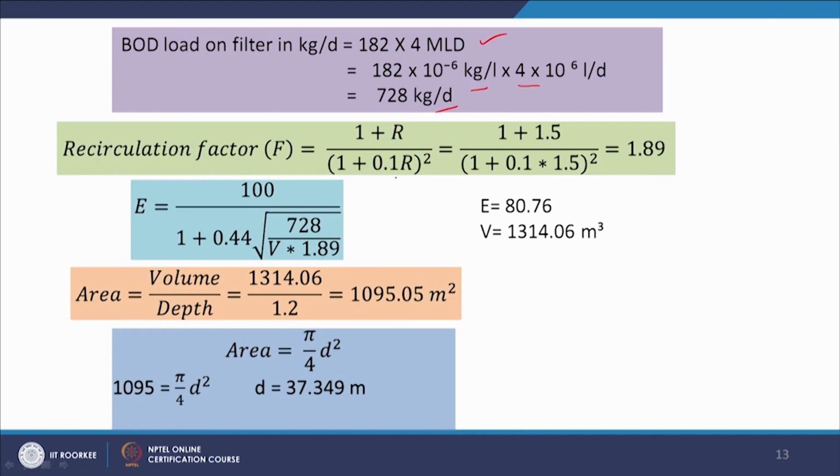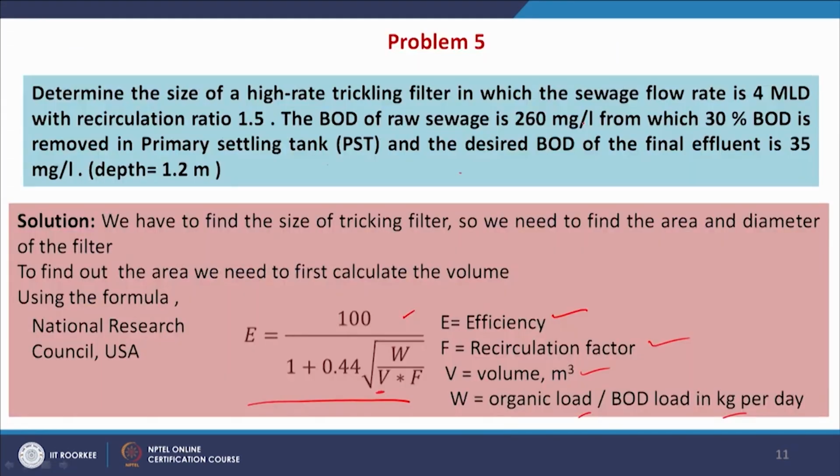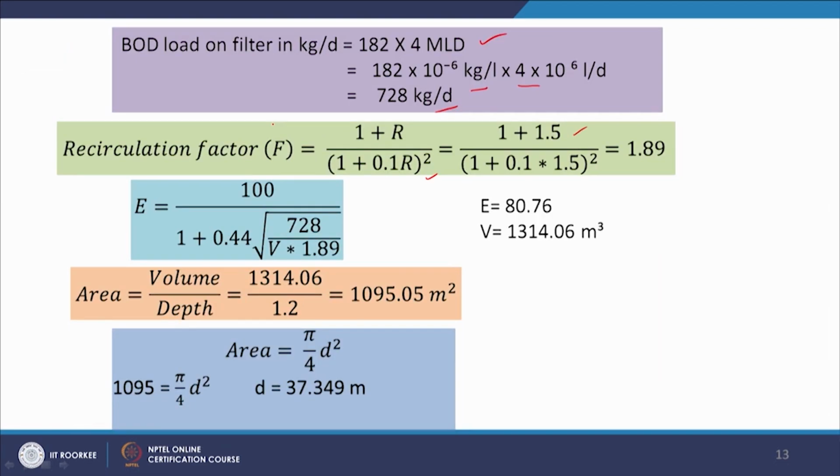So, that is 728 kg per day, this is the BOD load. The recirculation factor F is defined as 1 plus R divided by (1 plus 0.1 R) whole square. In this case, it is given in the statement that the recirculation ratio is 1.5, so we put 1.5 here. So, 1 plus 1.5 divided by (1 plus 0.1 into 1.5) square, which is 1.89.